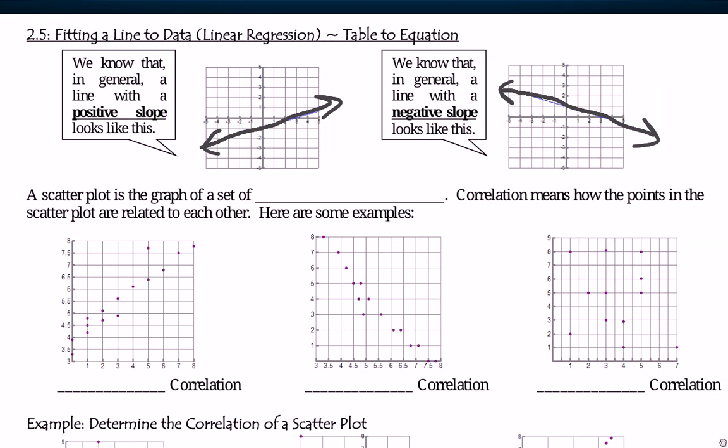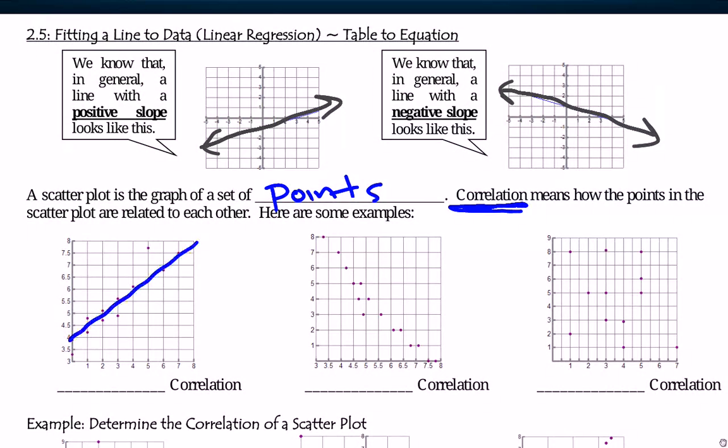A scatter plot is the graph of a set of points. Correlation, a new important word, means how the points in the scatter plot are related to each other. If we look at this scatter plot, do you see how they kind of, in general, go up?